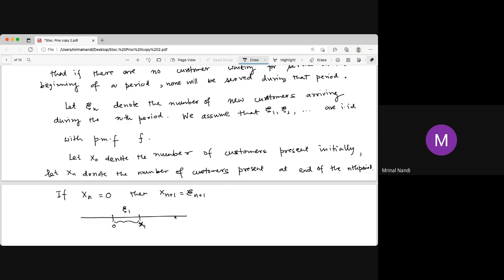Similarly, if xn is 0, now there is no customer to be served. In the n plus 1th period, ξn plus 1 customers came, and so xn plus 1 is equal to ξn plus 1.